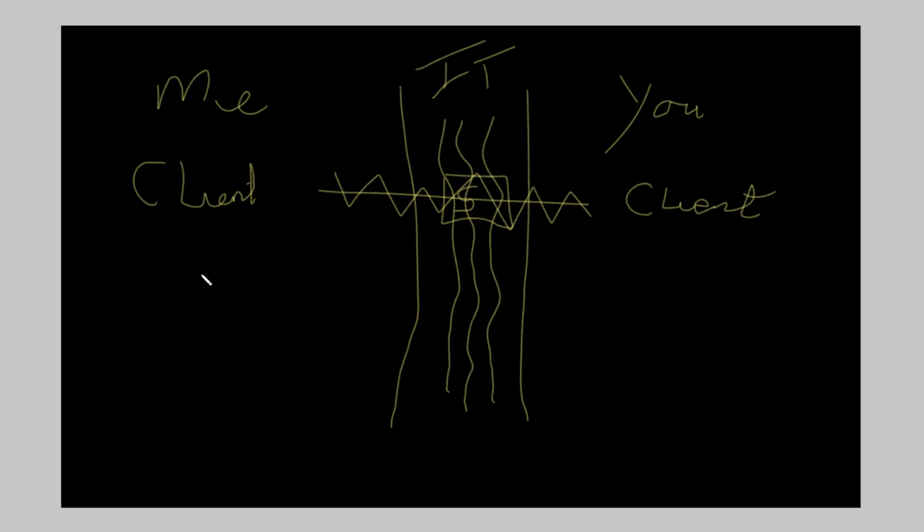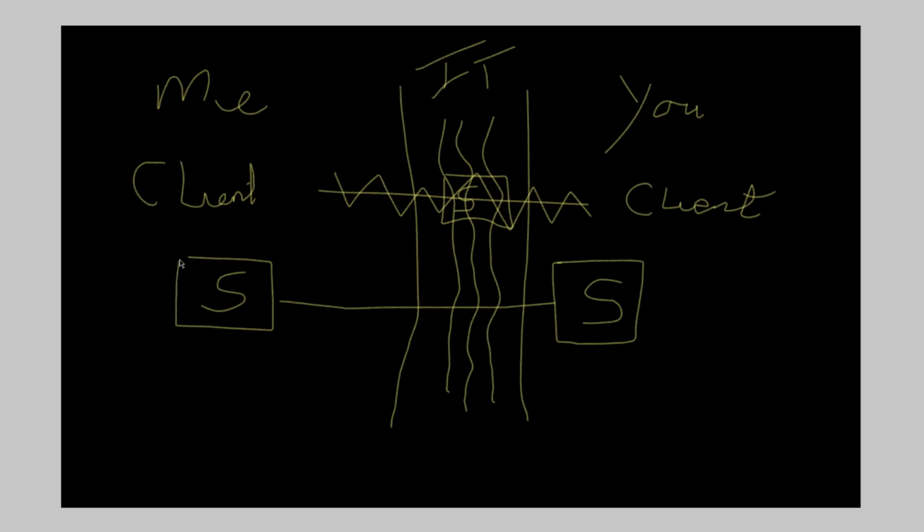So what you do is you put a server here and a server here, like that, and you do a direct connection which tunnels through. You can use VPNs, you can use different tunneling mechanisms, SSH, stuff like that.